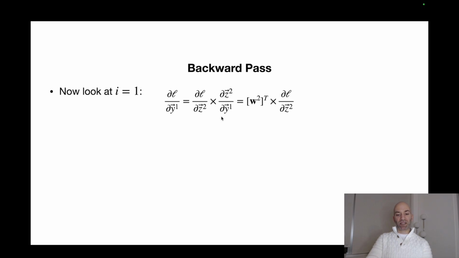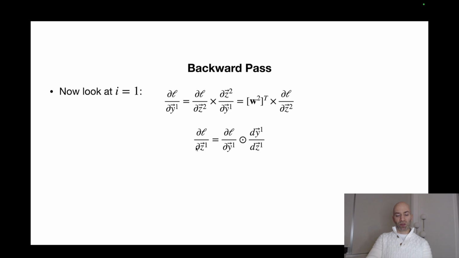And if we look at the second derivative, we actually see that if we look at the definition for Z2, this derivative actually works out to be W2, the matrix of weights for the output layer. So we can rearrange this equation to be simply equal to the weights for our output layer, the transpose of these weights, multiplied by the derivative of the loss with respect to Z2. So this is going to be our bridge.